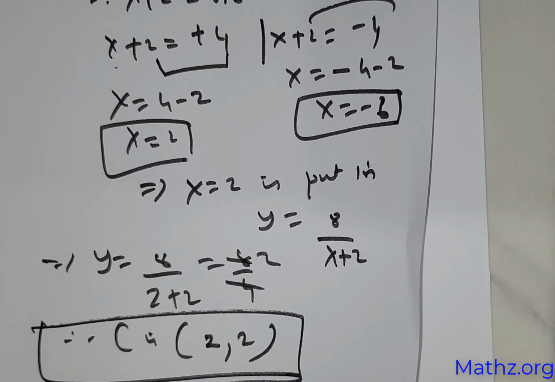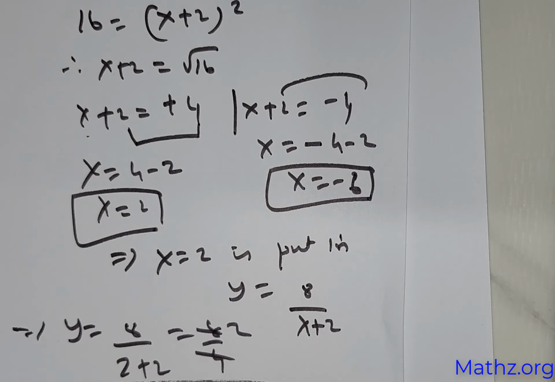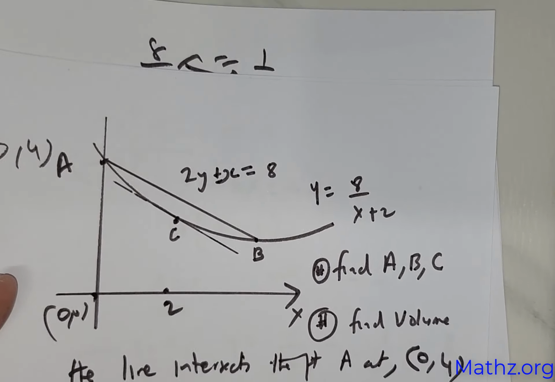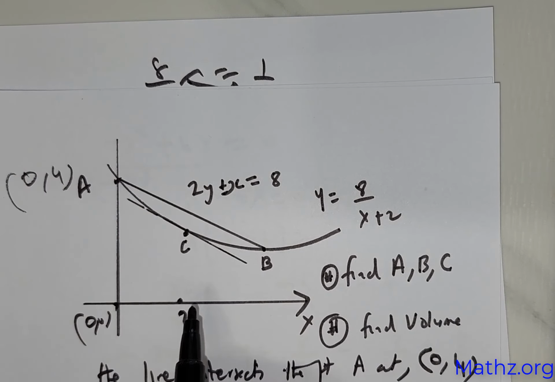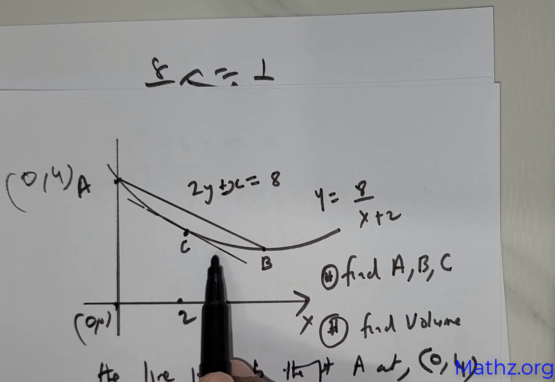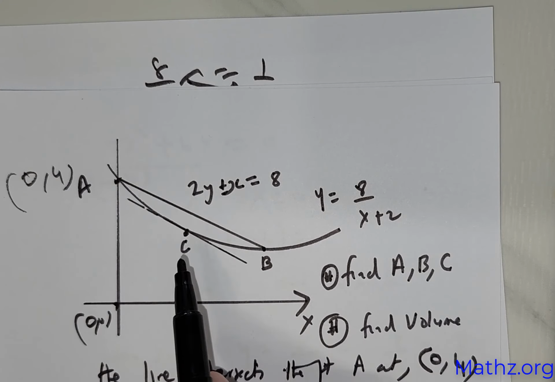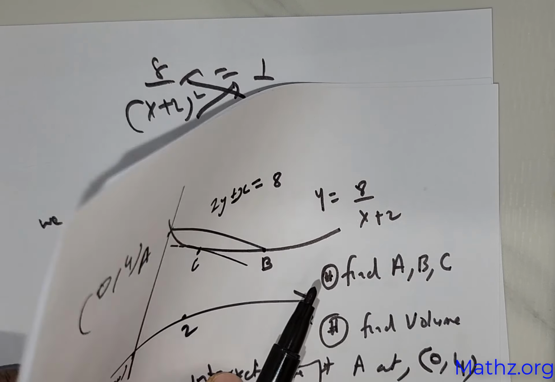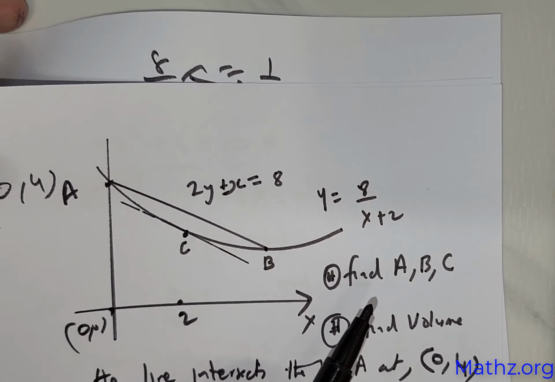Okay, now this is not the end, because we will have to move one step up to get the volume. So we are asked to find the volume when you perform the rotation, right? So volume generated has to be calculated. So that's exactly what I'm going to show you here.